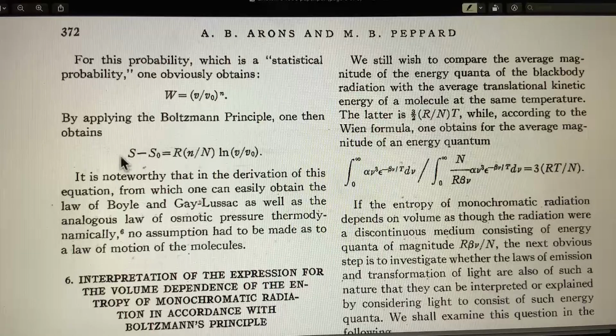But what is the entropy if you have a gas. Capital R is your gas constant. Capital N is that Avogadro number. So capital R divided by capital N is the Boltzmann constant k. V is the volume of that chamber in which this gas can spread out, and V naught is a small volume taken in this chamber.